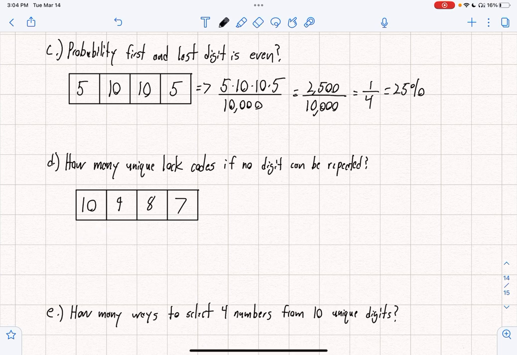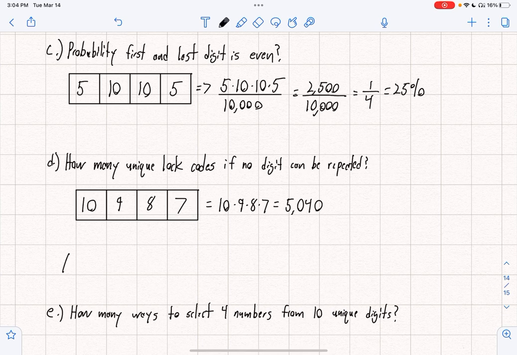So this would be equal to 10 times 9 times 8 times 7, which is 5,040. But we also could have recognized this as a permutation because we're trying to order 4 digits from a set of 10.